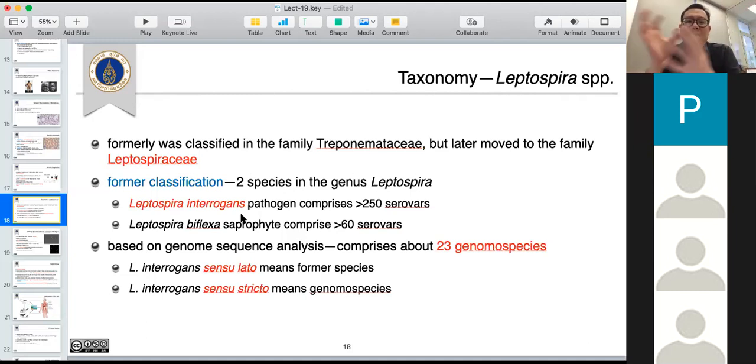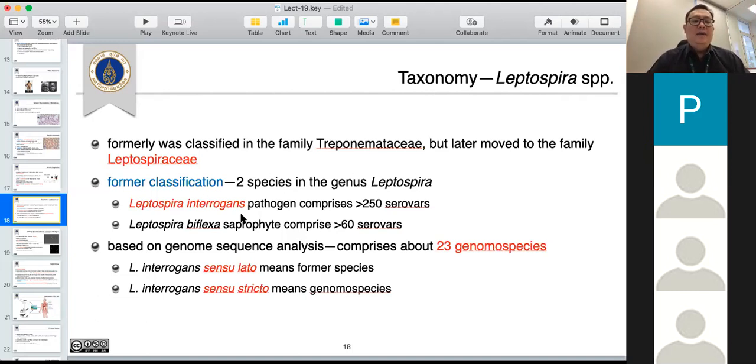Some sets share some common epitopes that make the antibody cross react with other bacteria. That makes the interpretation not clear cut to be this serovar or that serovar. So some serovars may cross react with other serovars. This makes classification, identification of Leptospira interrogans and biflexa so difficult.